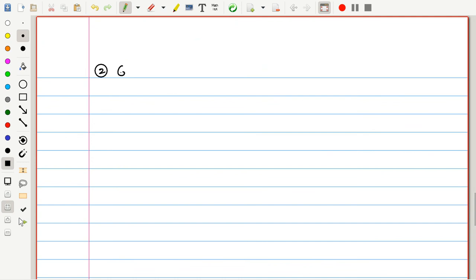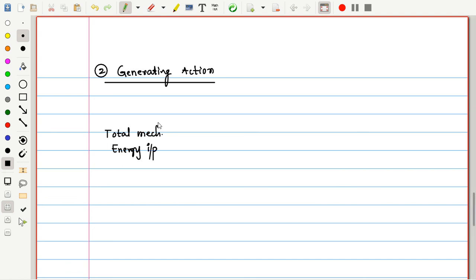In the generator case, what kind of energy terms will be associated? Generating action is the reverse thing. We have the total mechanical energy as an input. How do we get this mechanical energy as an input?